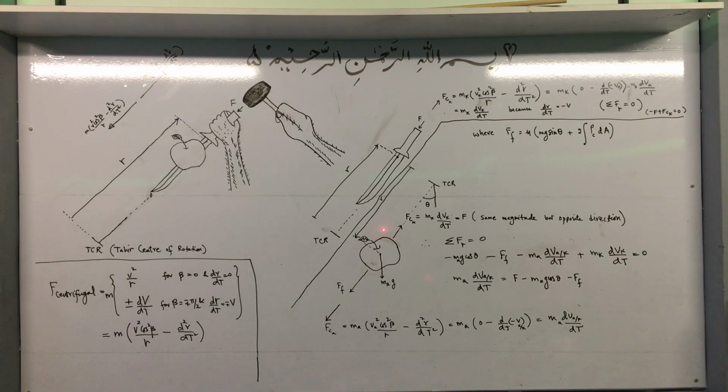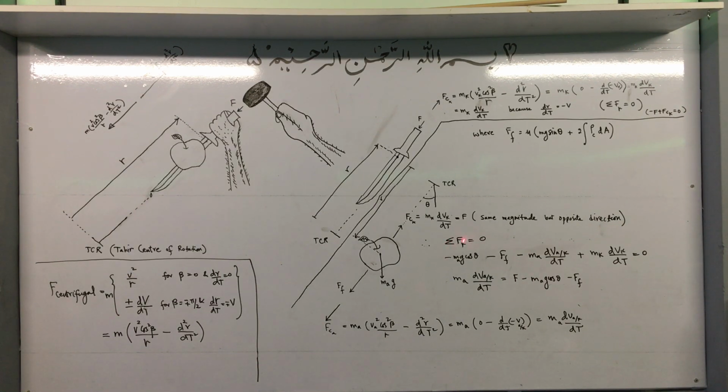If it's a linear function, then the contact pressure P can be taken out, but if it's a function of the width of the apple along the portion of the knife struck in the apple, then we need to integrate it. The area is just on one side of the knife, so we multiply it by 2 so that we get the contact pressure on both sides. So the friction force is given by this. You can insert it here.